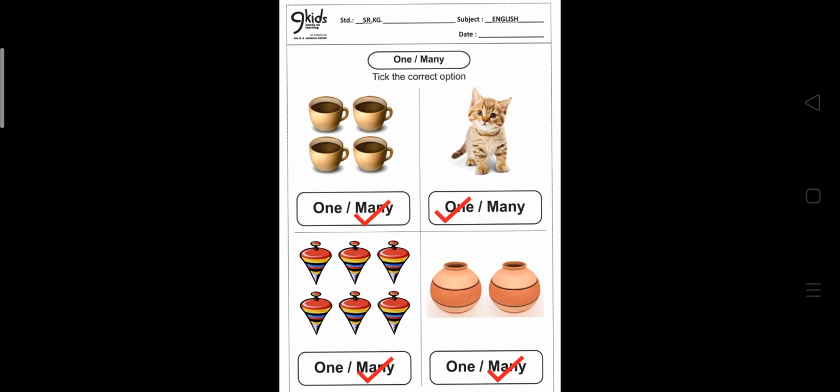In fourth picture, there are some pots. Let's count the pots. 1, 2. There are 2 pots. Means they are more than one. So we can say there are many pots. So we have to take on many.